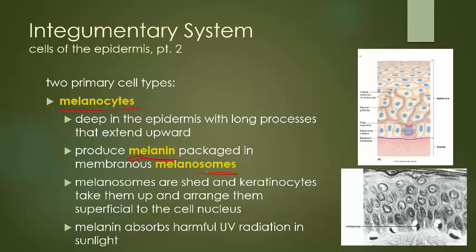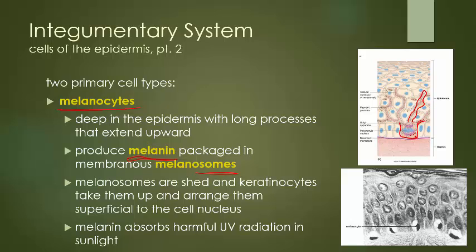And so the melanosomes are produced down here, and when I look at a melanocyte, especially this cartoon that the book uses, what I see is kind of an upside-down octopus with its long arms extending up among all the keratinocytes. That melanocyte produces these little packets of pigment, and that's what these little dark things are.